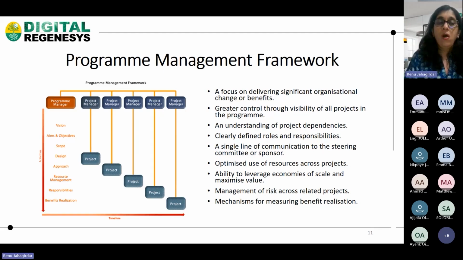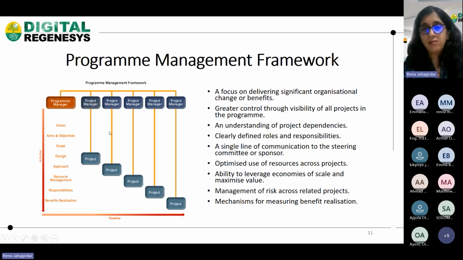Very important. Each of these projects must complement each other. They should be dependent on each other. The benefit of project 1 should be enjoyed by project 2. Then the benefit of project 1 plus 2 should be availed by project 3. So that way it should be an addition, a multiplication of the benefits, and that's what the program management framework is.